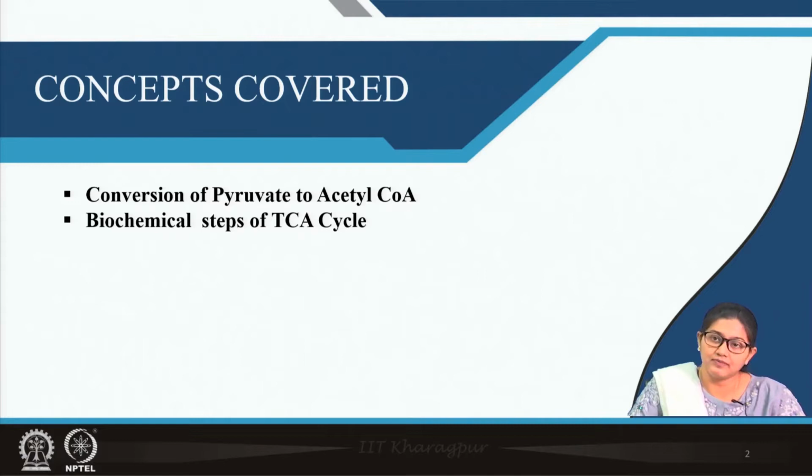Carbohydrate, lipid in the form of fatty acid, and a few amino acids as well, enter the TCA cycle in the form of acetyl coenzyme A. Then that acetyl coenzyme A forms different intermediates in the tricarboxylic acid cycle, forming different reducing equivalents, and at the end stage these reducing equivalents undergo oxidative phosphorylation, which forms ATP and regenerates the oxidized form of the equivalents.